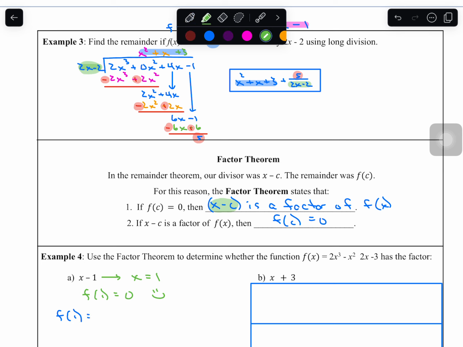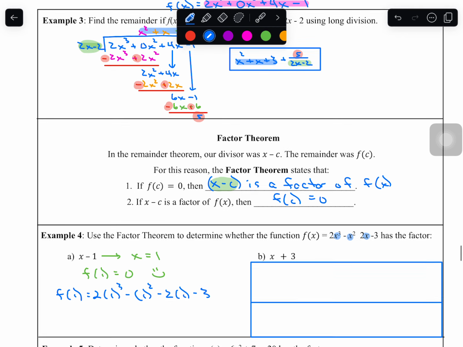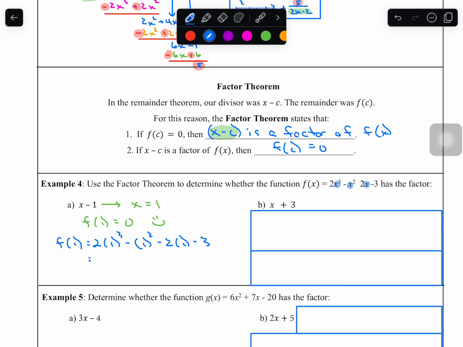Remember, for f of 1, we just plug this value of 1 in everywhere I see the x. So this is going to be 2 times 1 cubed minus 1 squared minus 2 times 1 minus 3. When I evaluate that, and you can use your calculator if you want, totally fine, this becomes 2 minus 1 minus 2 minus 3.